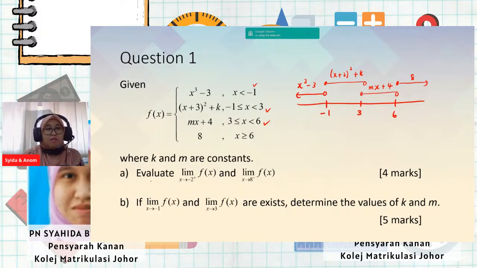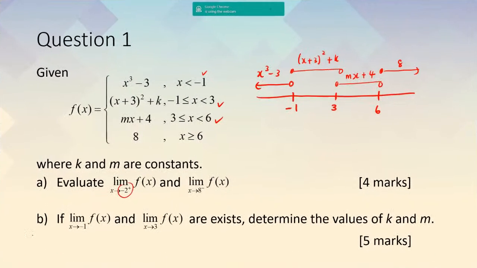Now we need to evaluate the limit of f(x) as x approaches -2 from the right. We don't have -2 written here. Many students ask about this one: where does -2 sit on our number line? So this is -2, -2 sits here.